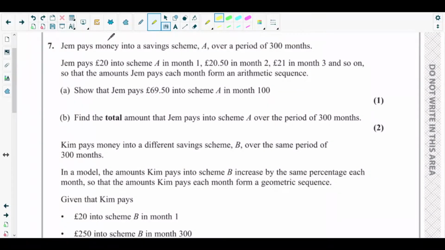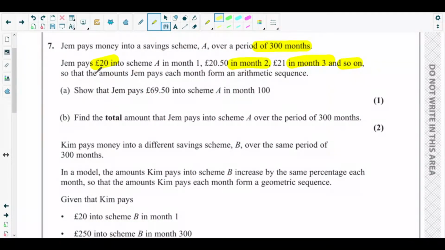Jem pays money into a savings scheme A over a period of 300 months. Jem pays 20 pounds into scheme A in month 1, 20.50 pounds in month 2, 21 pounds in month 3, and so on.